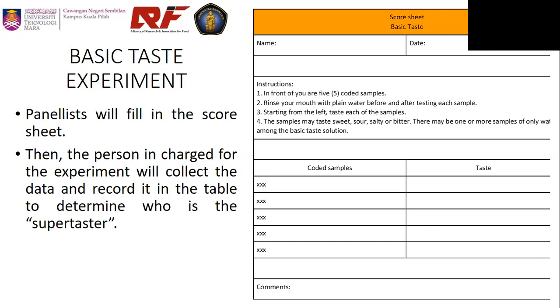It should have instructions over there. In front of you, there are 5 coded samples. The coded samples must be 3-digit codes, for example 536, 782, 149. All samples must be coded using 3 digits.